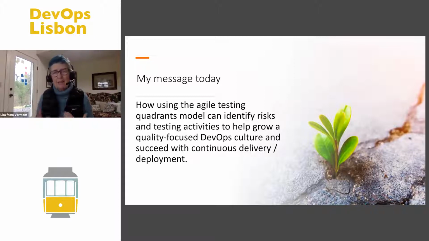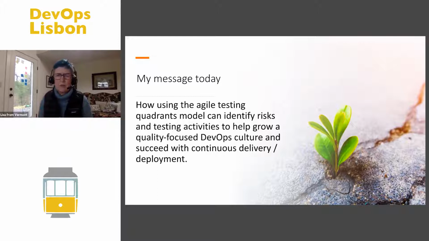Today I'm going to take you on a really short introduction to DevOps and continuous delivery. I know it's the DevOps group, so you probably all know this, but in case there's anybody new, let's make sure we're using the same terminology. Then we're going to look at how something called the Agile Testing Quadrants model evolved. It was originally developed by Brian Marick back in 2003 when he was trying to figure out how to fit testing activities into these short cycles of Agile development.